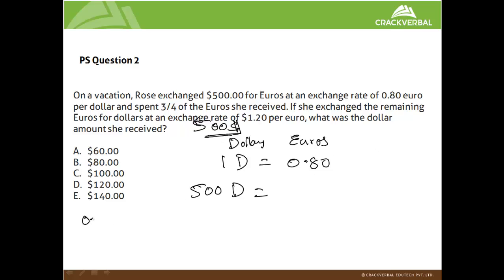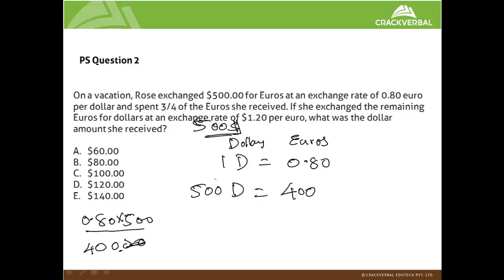So multiply 0.80 into 500. We have two zeros here and one more zero here. Let's bring it down. 5 into 8 is 40. I have to keep two decimals here, so you will get 400. So $500 is worth 400 euros.